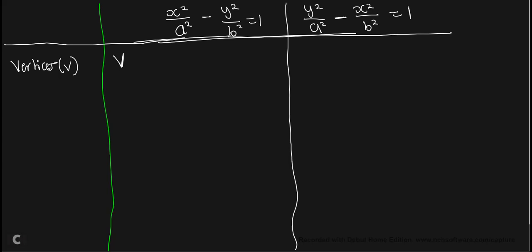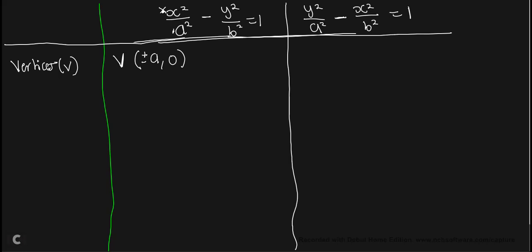So in this situation, this is your a, and it is under the x-axis, such that you're going to have positive or minus a, comma 0.